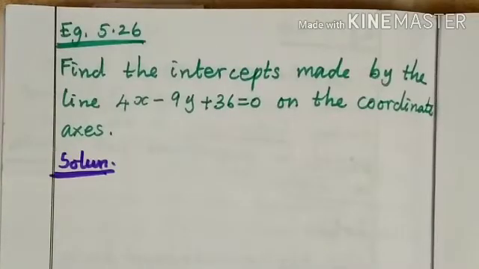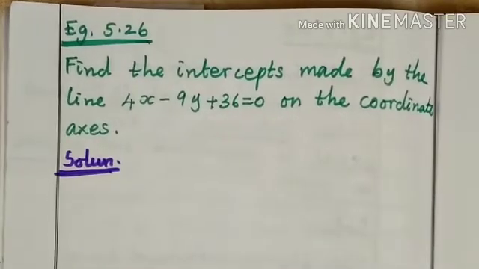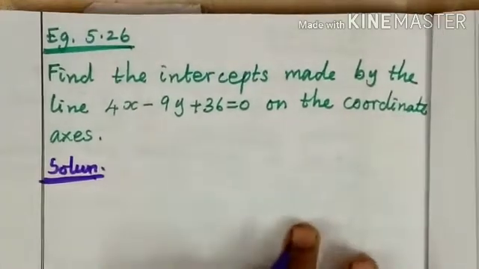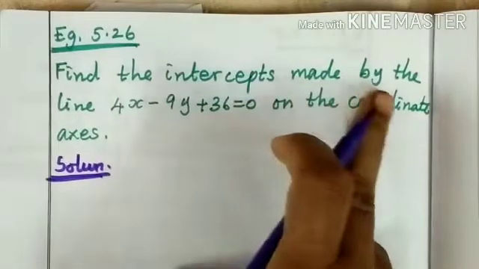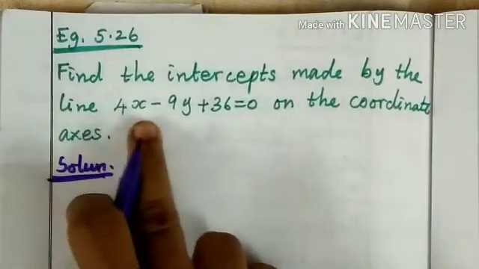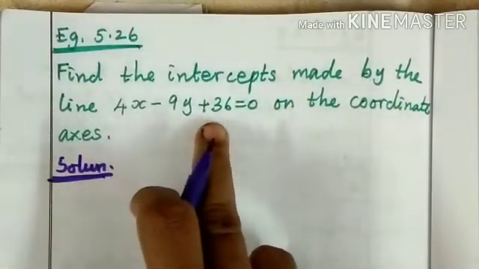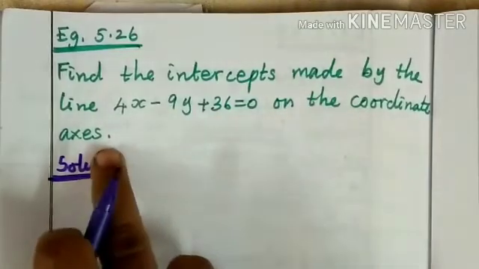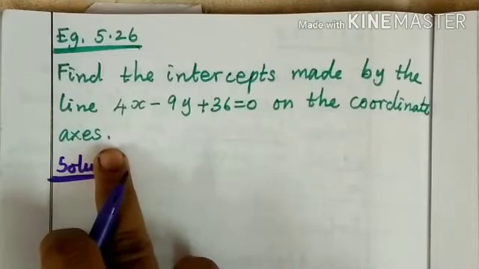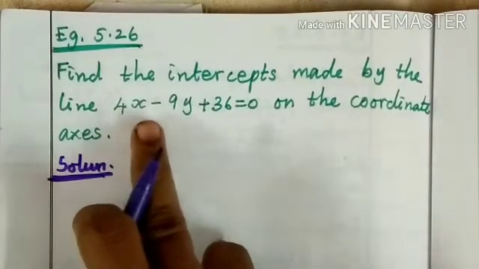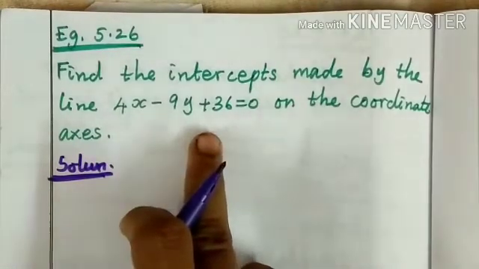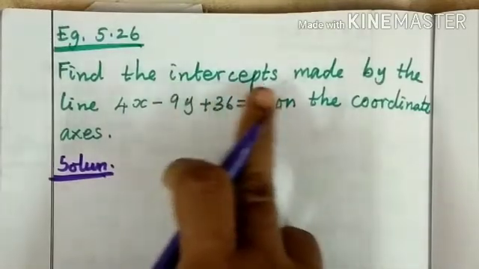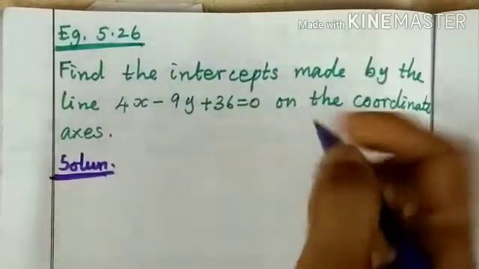Now we move on to example 5.26. See the question. Find the intercepts made by the line 4x minus 9y plus 36 is equal to 0 on the coordinate axes. In this question, the equation of the straight line is given. We have to find the intercepts.